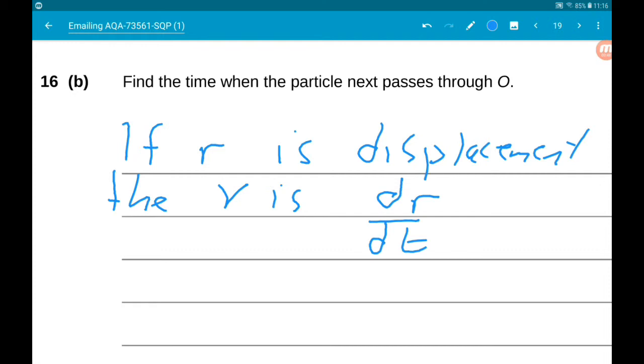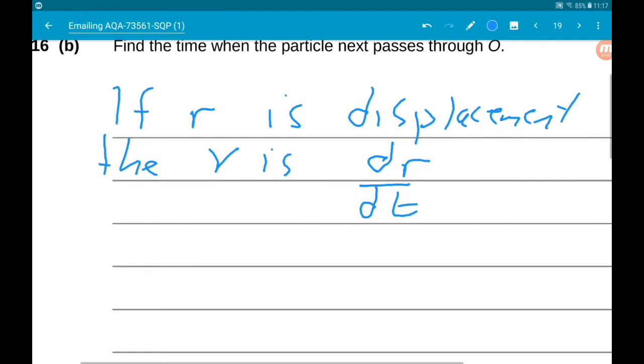So we can actually work out the displacement of the particle from our expression for the velocity. What we are trying to find is t when displacement r is equal to 0.